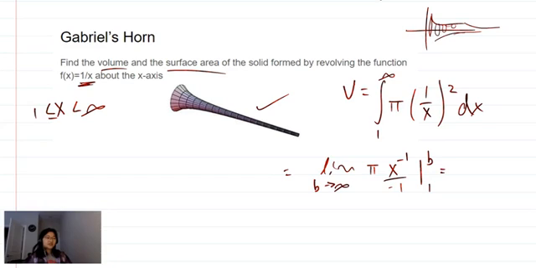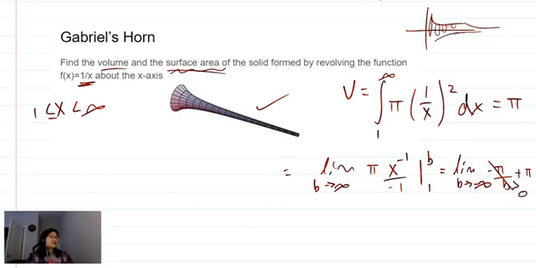And what does that give us? That gives us the limit as b approaches infinity of negative pi over b, minus negative pi. That goes away, and so we just get pi as our volume. So the volume of this shape is pi.